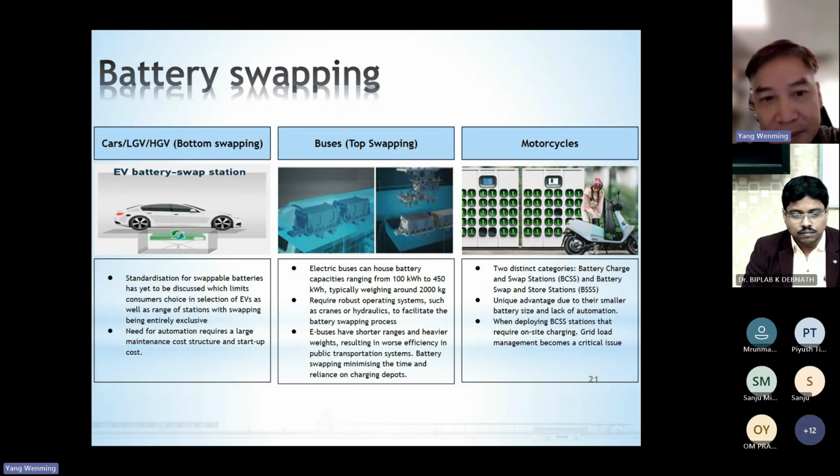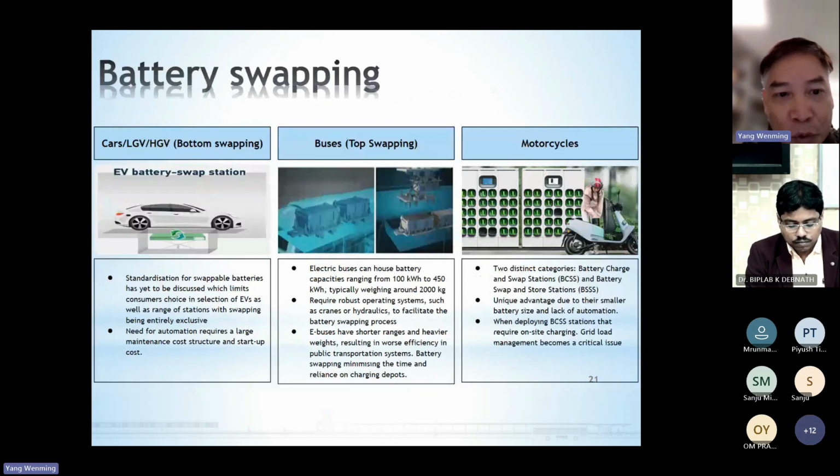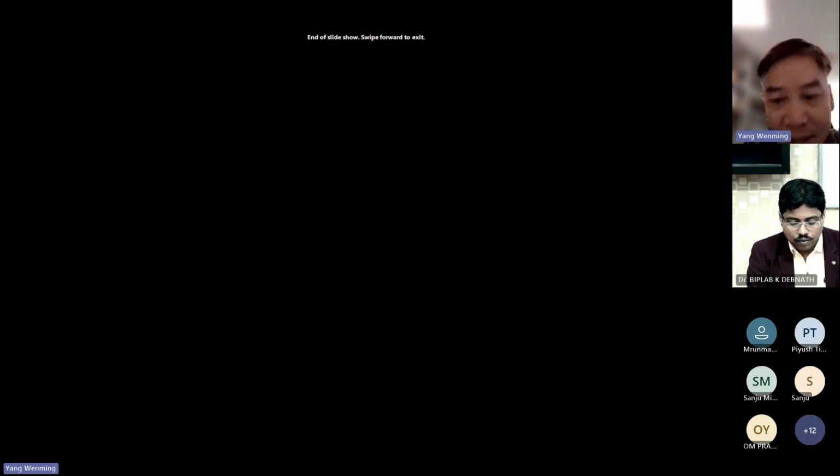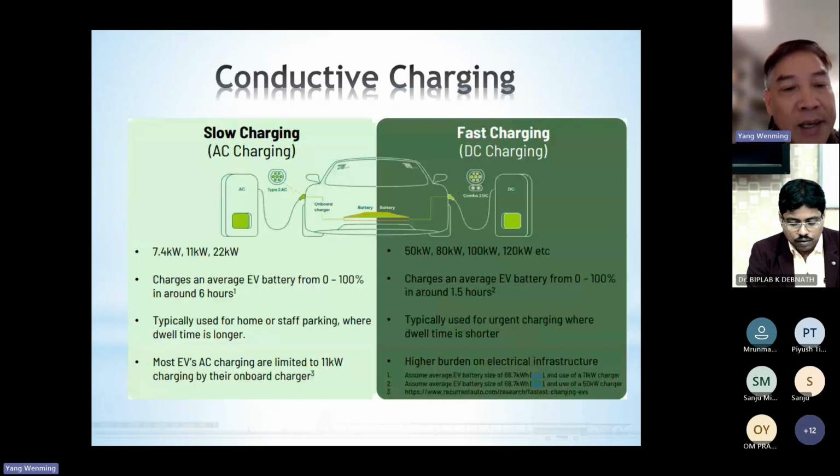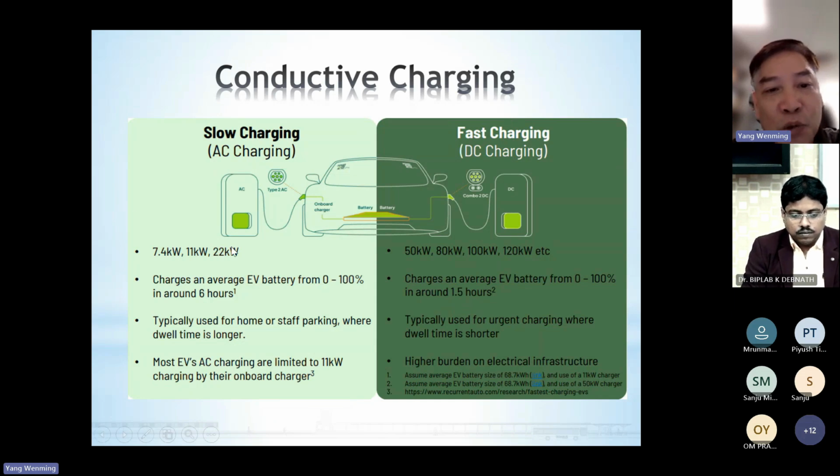For example, if the battery system is suitable for 11 kilowatts, and you use 22 kilowatts to charge, then we get a problem. It will become overheating, and the battery system can be burnt. Of course, for an 11 kilowatt battery you can use 7.4 kilowatts to charge, but the charging time will become longer.